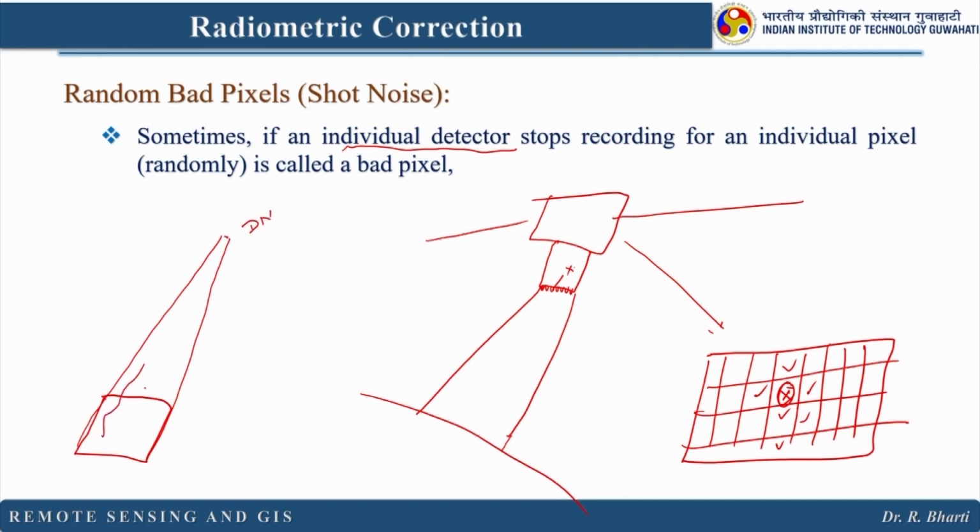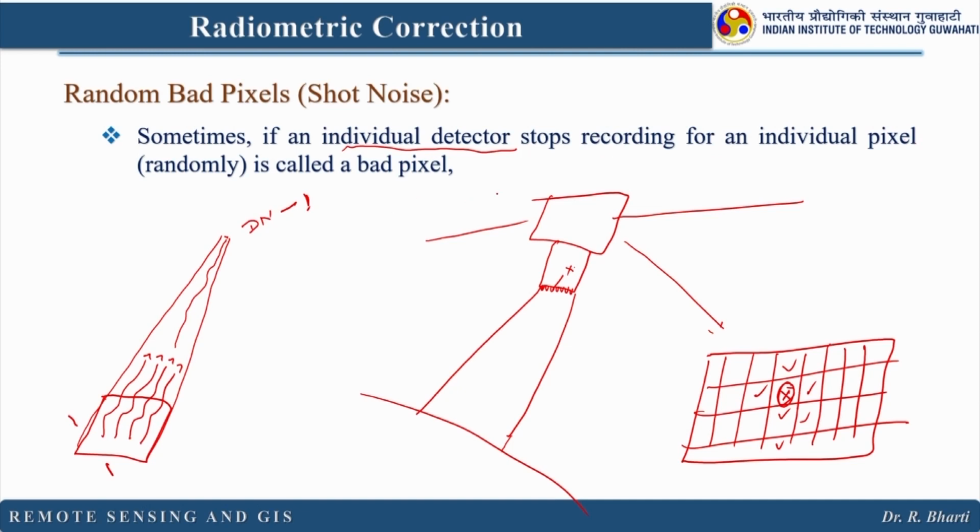So energies are coming from all over the places, right, from this pixel, let us say 1 meter by 1 meter, and all these energies are basically reaching our sensor, and for this particular pixel only one value will be recorded, right. So it says that when an individual detector stops recording for an individual pixel, it is called a bad pixel.